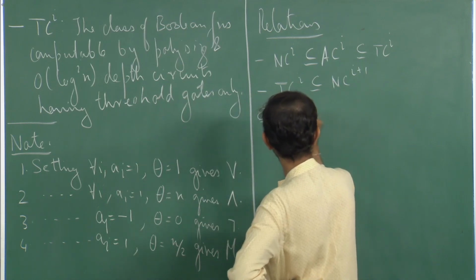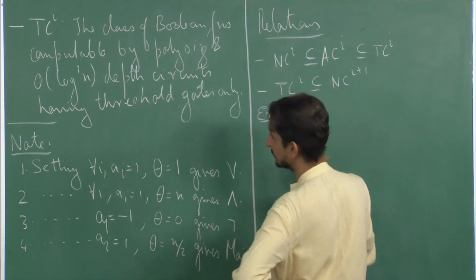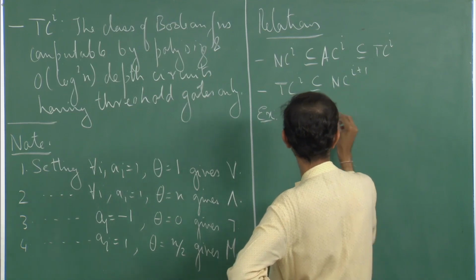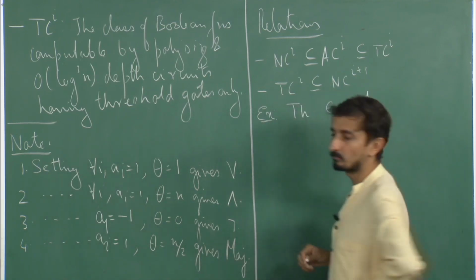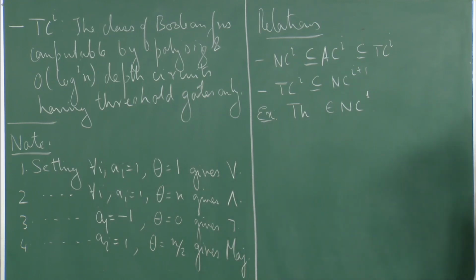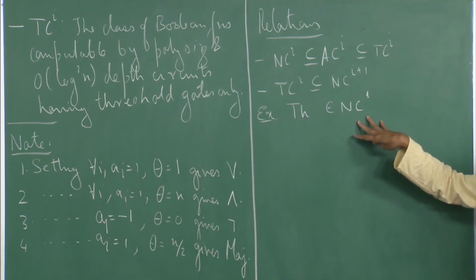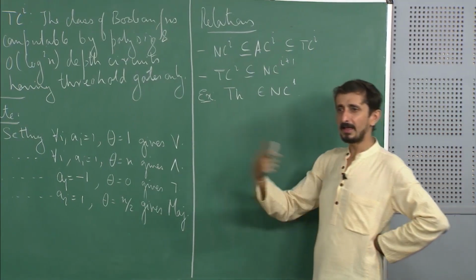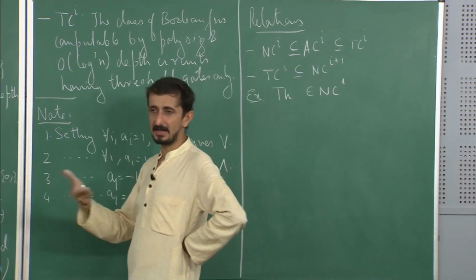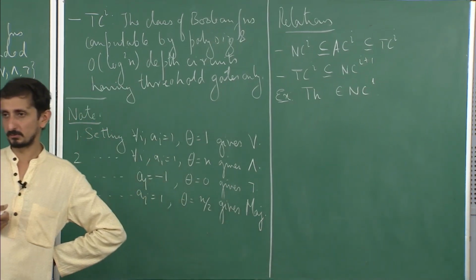You can show that the threshold function is in NC1. Once you show threshold is in NC1, you can replace every threshold with a log n depth circuit, and then for any TCI you will get an NCI plus 1 circuit.